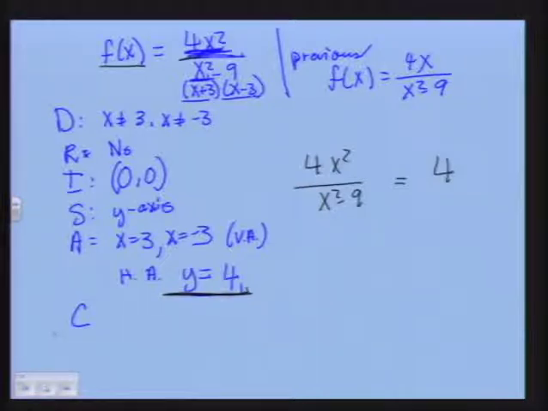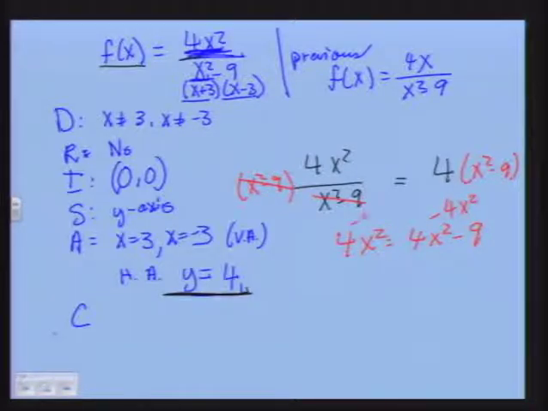We will multiply both sides by x squared minus 9 since we have an equation, and get rid of fractions. So that reduces to 1, and I have 4x squared equals 4x squared minus 9. Let's get all the x squares on one side. So if I subtract 4x squared from both sides, I get 0 equals negative 9, which is always false. So no, we do not cross our horizontal asymptote, and we never cross the vertical ones.